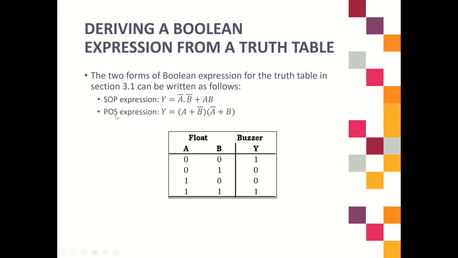So how can you write POS expression? You must remember for POS expression, you need to refer to your output that equals 0 here, and then you need to product all sum terms. So what are the sum terms? Sum terms is where you perform OR operation for the variables. The sum term for the first output that equals 0 is A plus B bar.